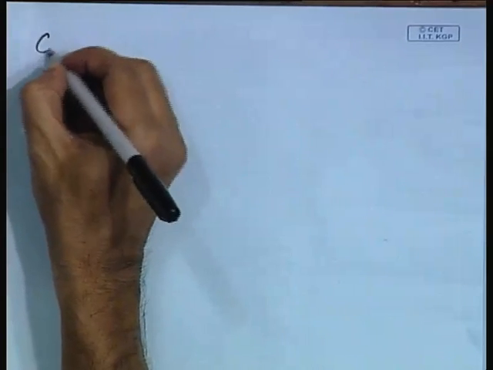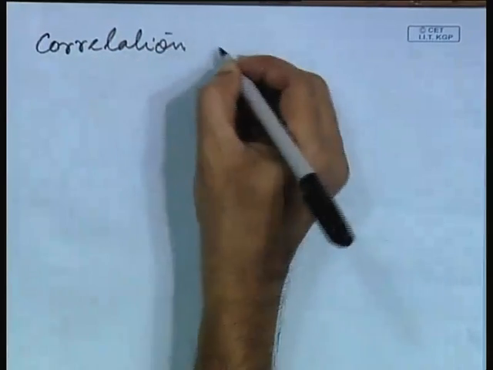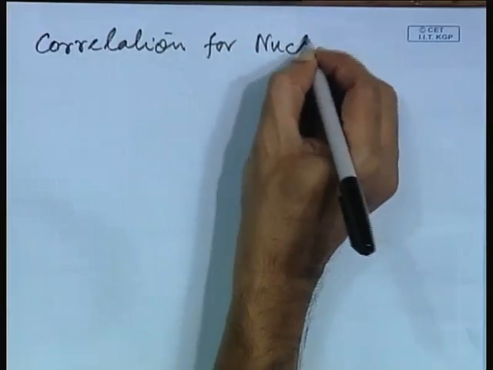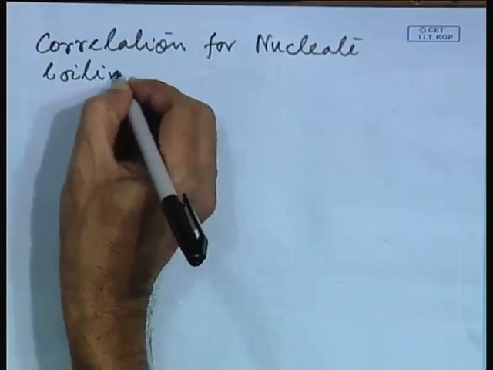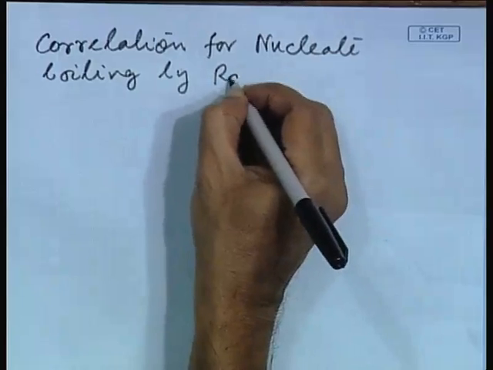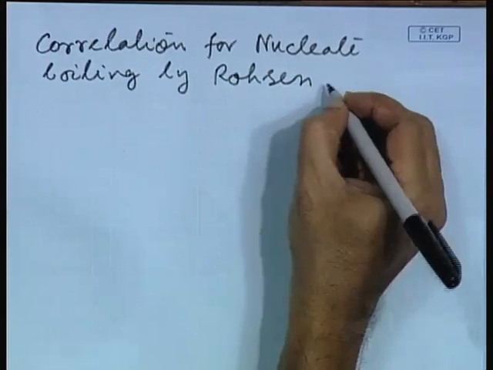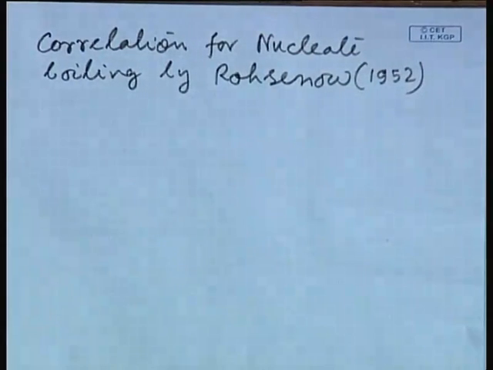The most common, most widely used correlation for nucleate boiling is due to Rohsenow (1952). He was a professor at MIT.